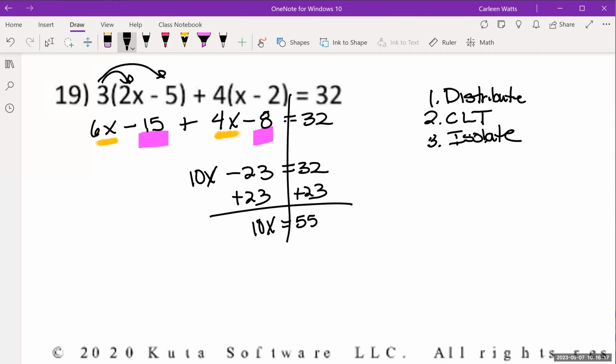Very often, the last step of solving an equation is divide. Now, the higher you get in math, the less likely you are to change it to a decimal. So we could divide by 5, 11 over 2, or 5.5, whatever the directions say.